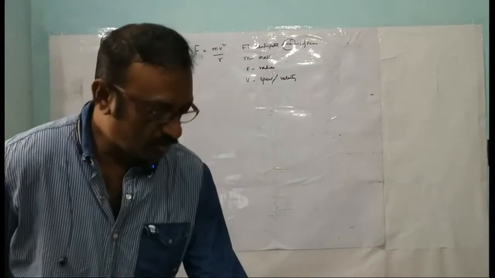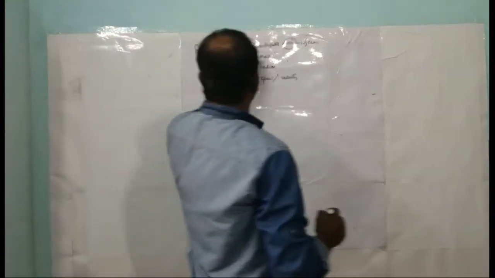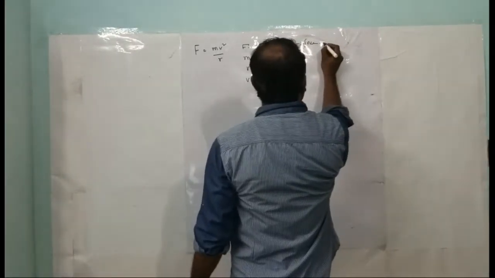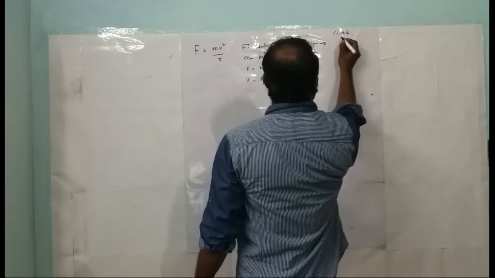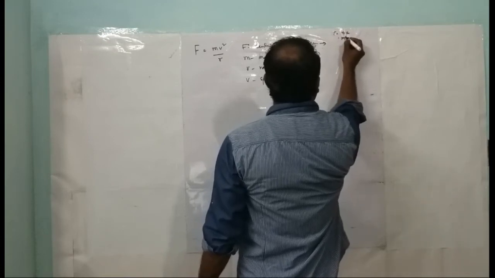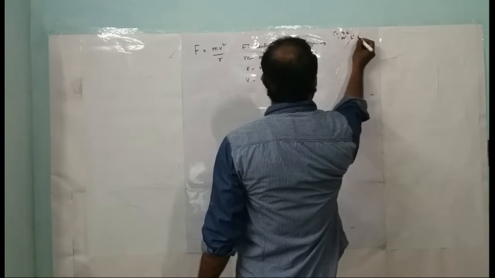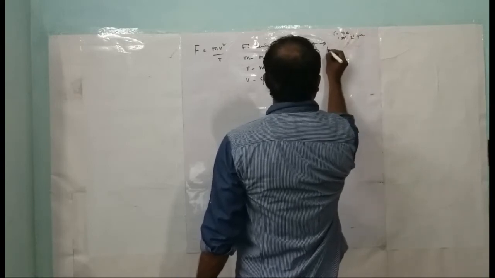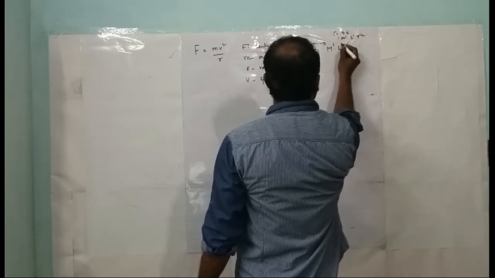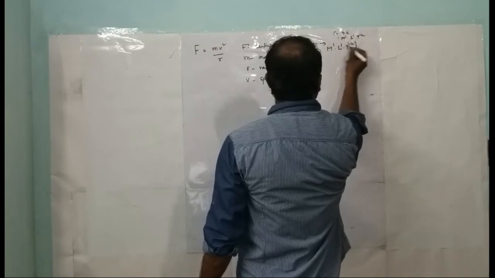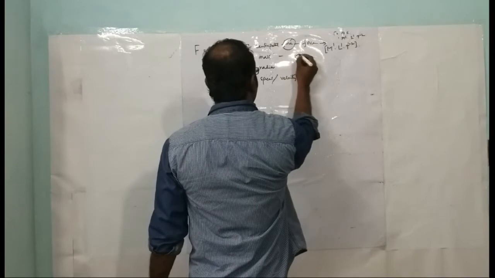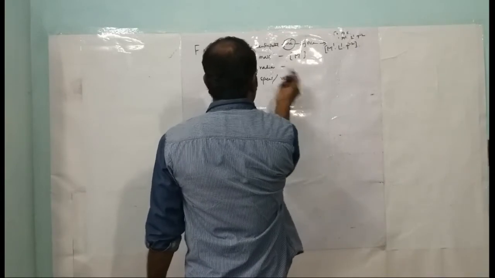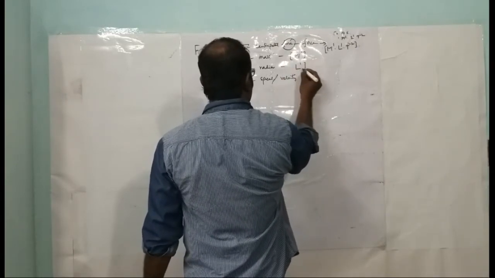Now F is the force. What are the dimensions of force? You use F is equal to ma, and m is m1, acceleration is L1 t minus 2. So the dimensions are m1, L1, t minus 2. Mass is m1. Radius is nothing but length, L1.